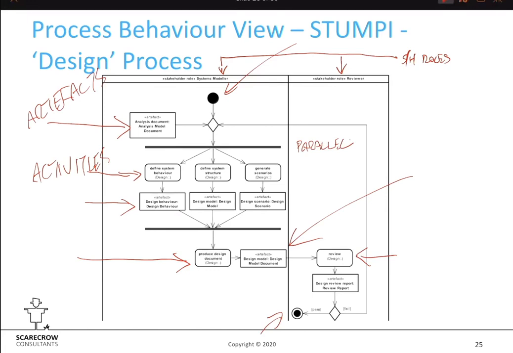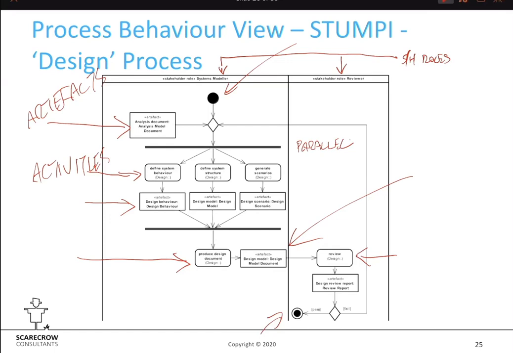BPMN is very good for doing something like the process behavior view. It's very good for the flow of things. At the time, as I say, I don't know what's in the notation at the moment, but it didn't particularly support in its notation the capturing of the requirements or the definition of the processes in terms of their content on the context view.